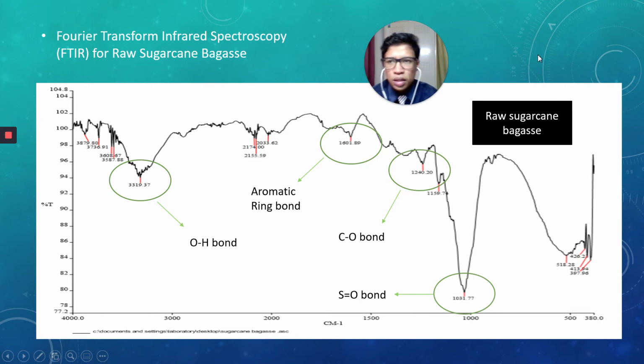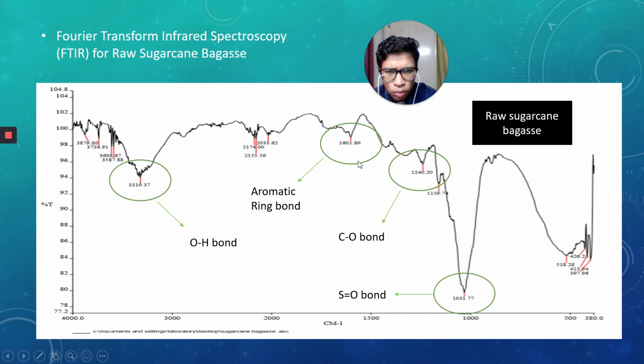Next is the Fourier transform infrared spectroscopy, FTIR, for raw sugarcane bagasse. As you can see, there is an OH bond at 3300, which means that it contains cellulose.